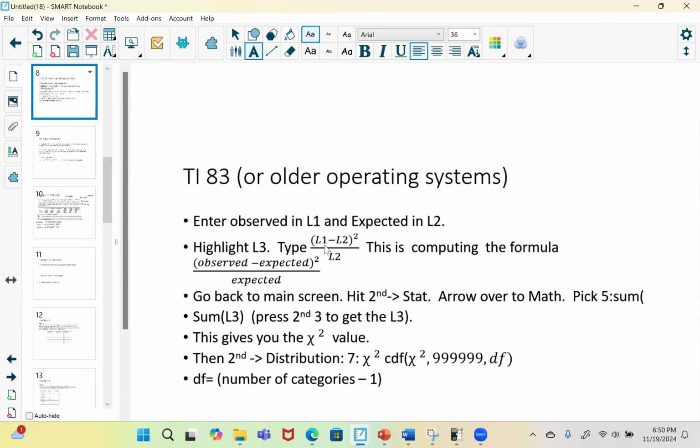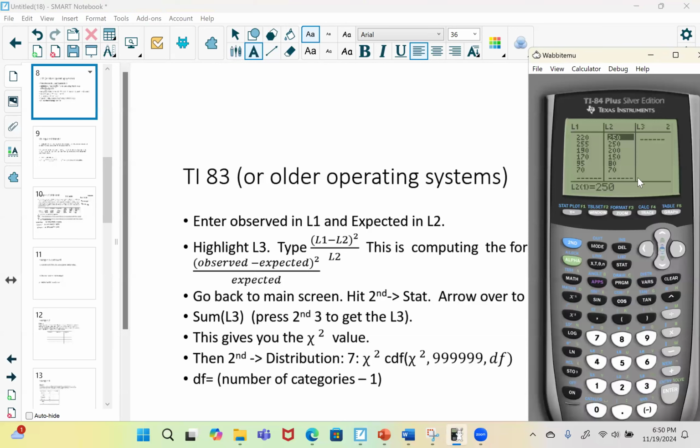So we're going to take L1, which is our observed, minus L2, which is my expected, square it, and then divide by L2 because that's my expected. And that's the formula for the chi-squared. So we go up and we highlight L3. You need to put parentheses. You hit second 1 for L1 minus second 2 for L2.